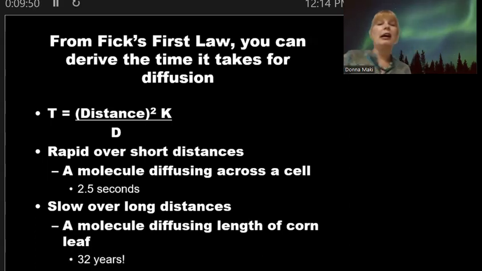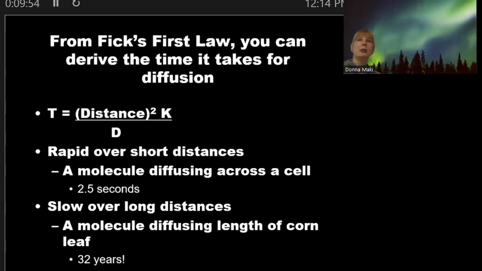And so when they did the actual calculation, based on their experiments of how long it takes to get this tracer the length of a leaf, if they based it solely on diffusion laws, it would take 32 years for that substance to move the length of the leaf. And of course, that's not how it works in a plant. They actually worked with corn, I think, on this, and corn stays alive over several months.